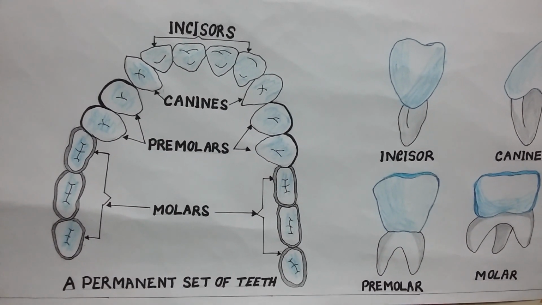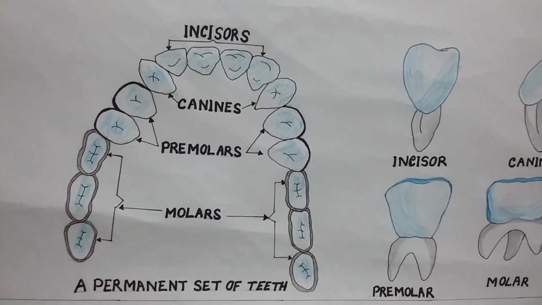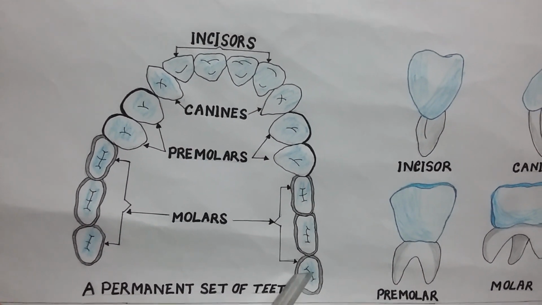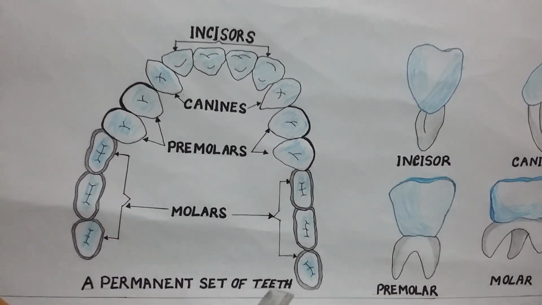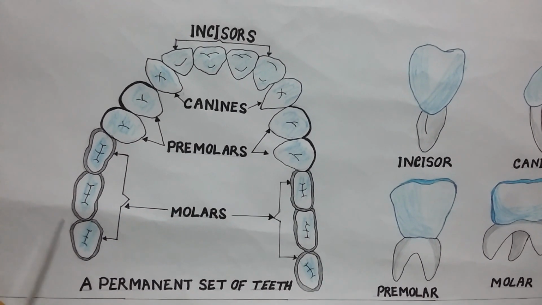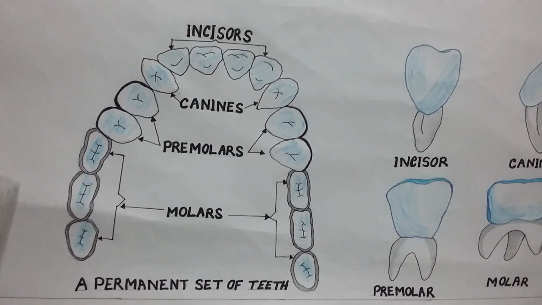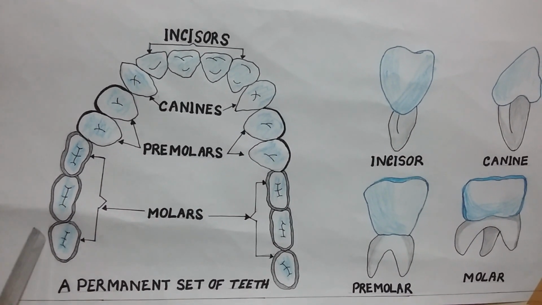Teeth grow again after the milk teeth fall out. The second set of teeth is known as the permanent set of teeth. These teeth remain till old age. Permanent teeth cannot be replaced by new natural teeth.